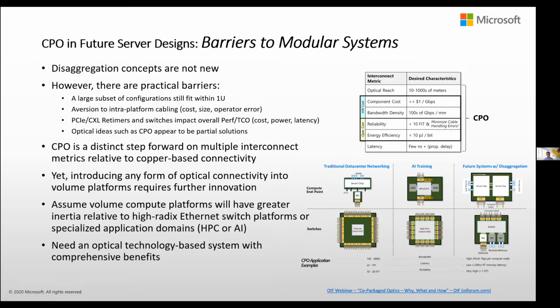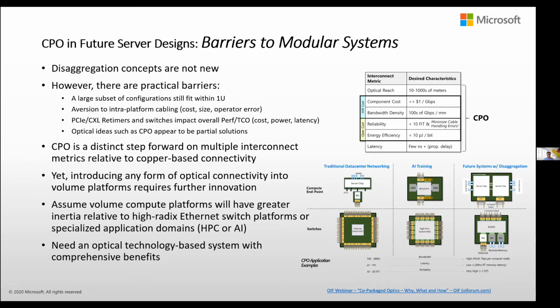The barriers, let's take a look at what are some of the hurdles, right? The concept is not new. The practical barriers include that we still can't fit a lot of configurations within a U. So if we have to have another subset for which we need to make special designs, it's an expensive thing to do, not always practical. And that large subset is a shrinking subset, right? So that's one counter to this issue.